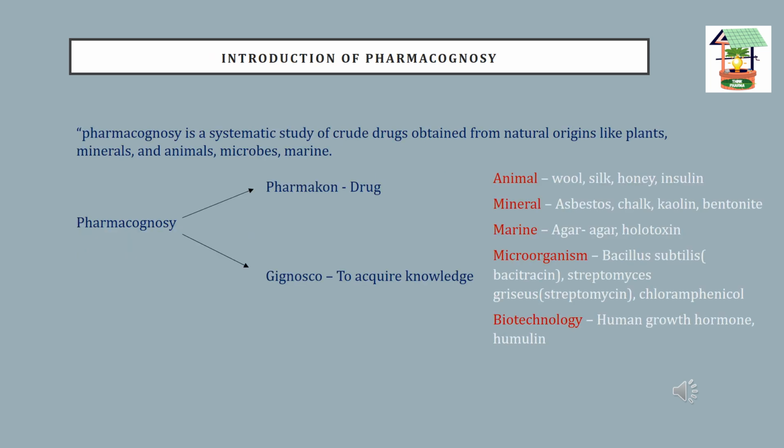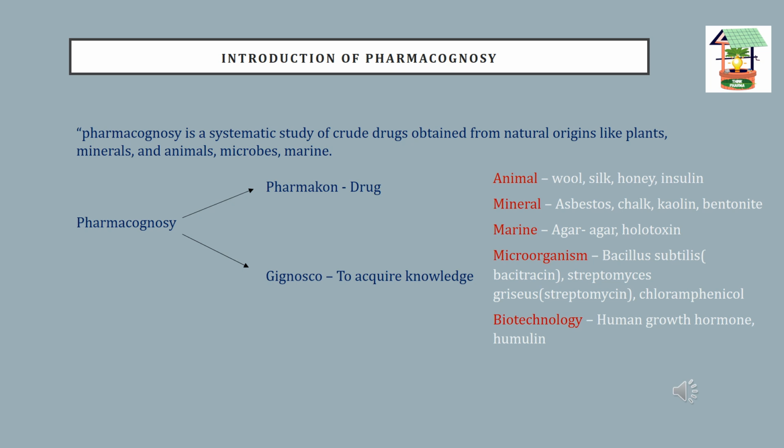And then next we will see what all we have to cover under the introduction of pharmacognosy in this pharmacognosy subject. So the definition comes like this: pharmacognosy is a systematic study of crude drugs, which are obtained from natural sources.